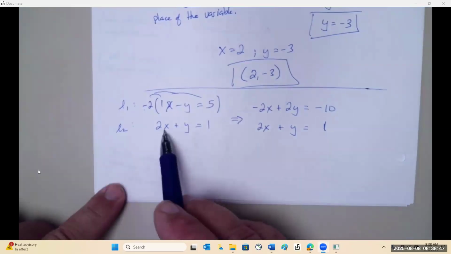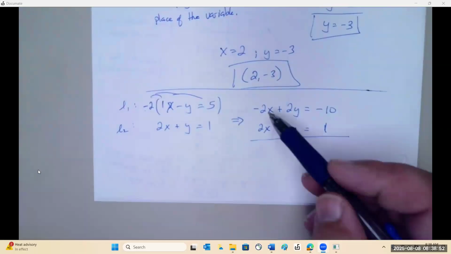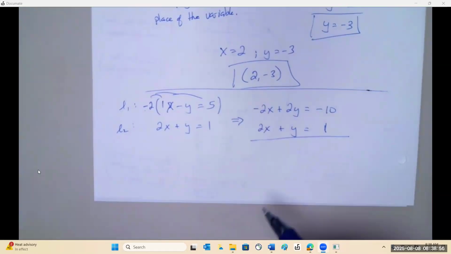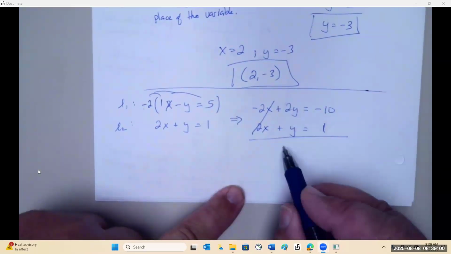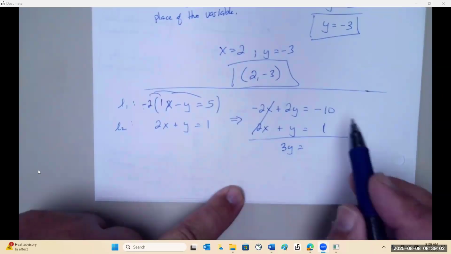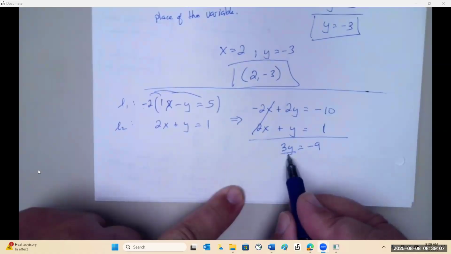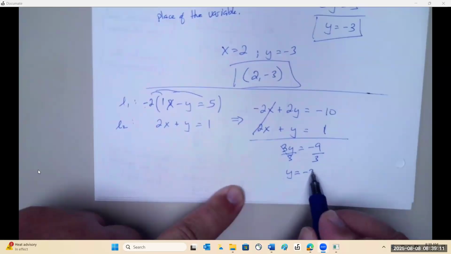The other equation is 2x plus y equals 1. We have what we need in front of x, the same number but different signs. So now we add. These cancel. 2y plus 1y is 3y. Negative 10 plus 1 is -9. Divide by 3. So y is equal to -3.